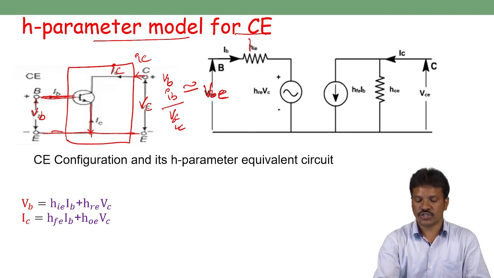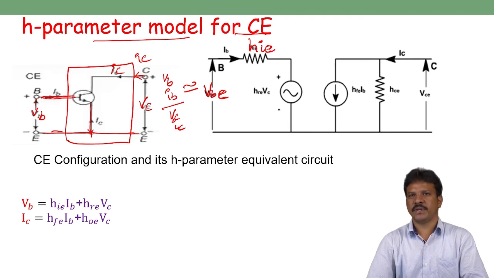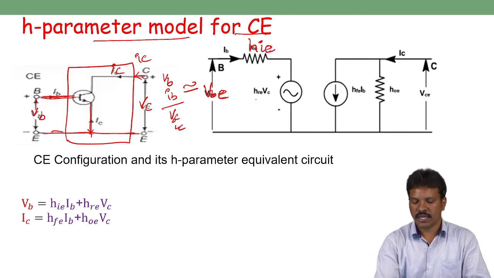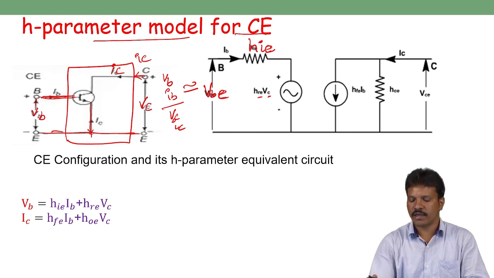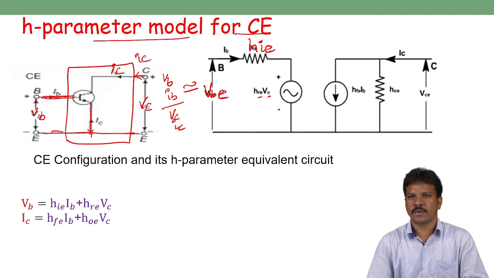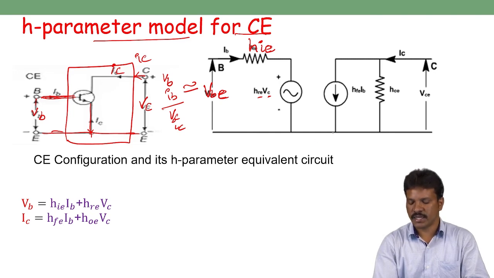So it is HI for input impedance, and since it is common emitter configuration, that is represented with second subscript E, and it is HR, HRE, VC. All H parameter values are represented with the second subscript E, because it represents common emitter configuration.